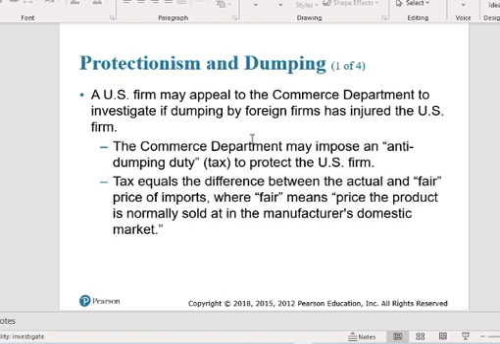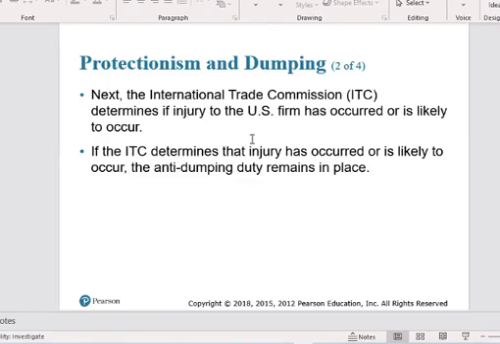That's the idea. Anti-dumping measures are basically trying to bring the price up to a fair level once it has arrived in the foreign market.